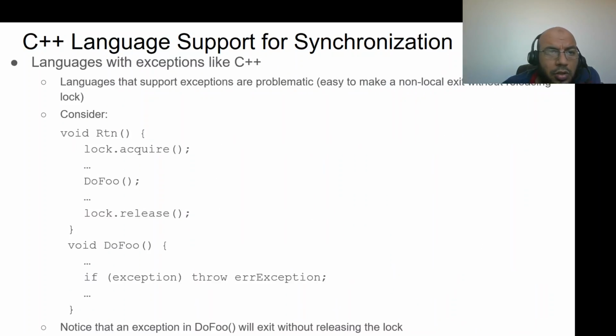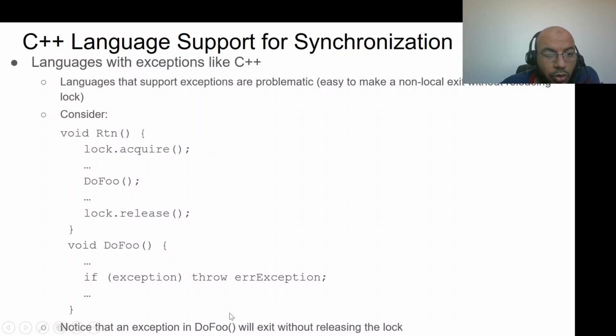C++ language support for synchronization. In languages with exceptions like C++ and Java, it's very easy to make a non-local exit without releasing a lock. You return due to an exception, but you never release the lock.